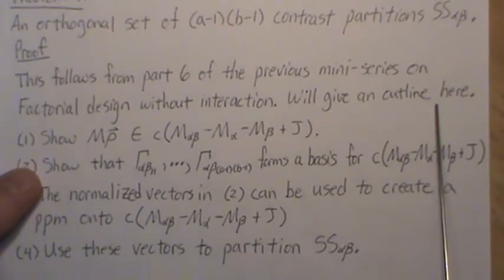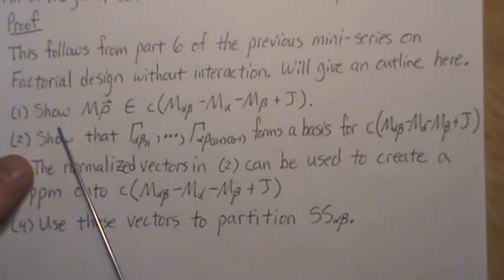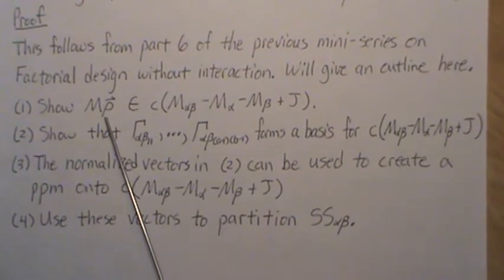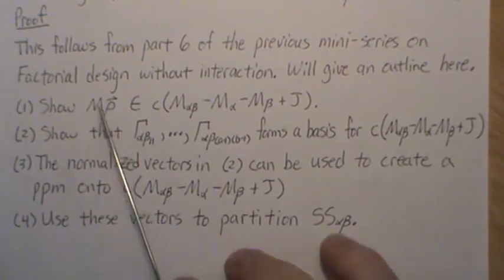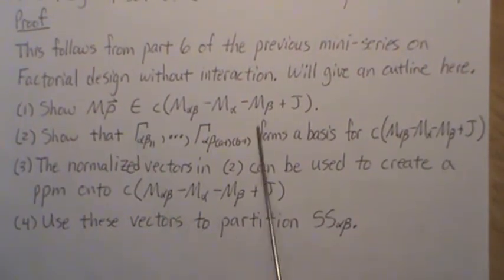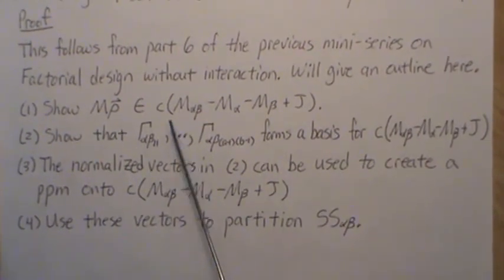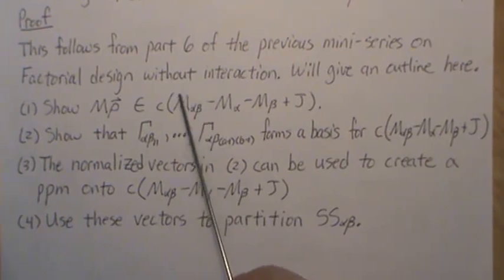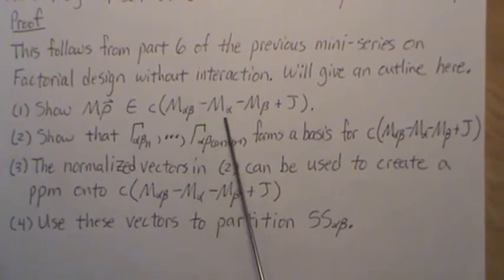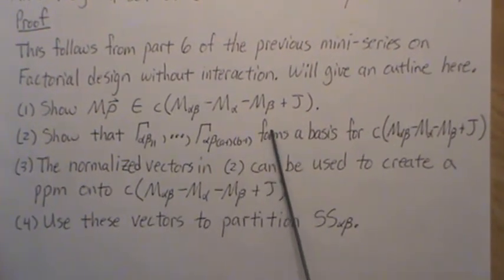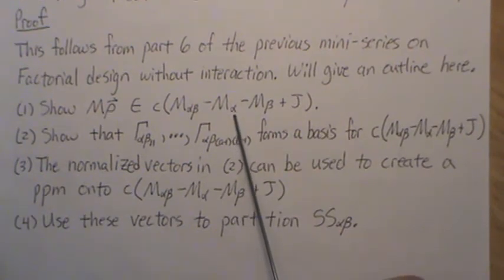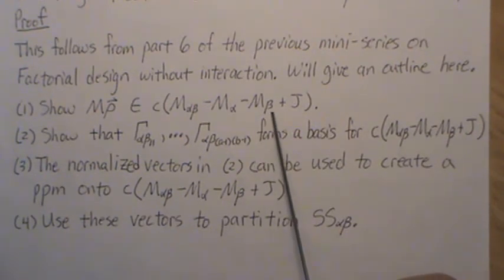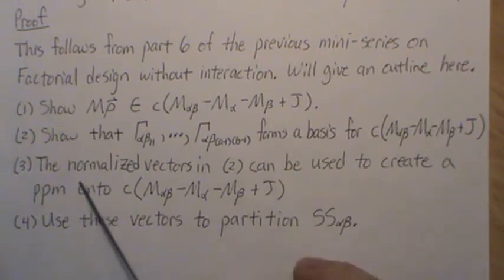So we will give an outline here. One, we want to show that this vector, a matrix times a vector, which creates a vector, is part of this column space. So this says it lives in the interaction column space, but it's orthogonal to the previous parts, in regards to factor A, factor B, and the constant.